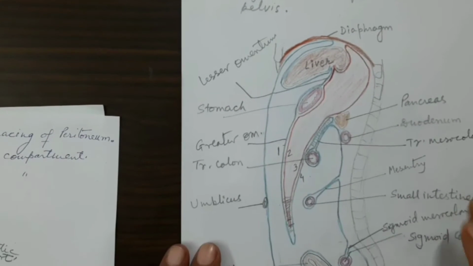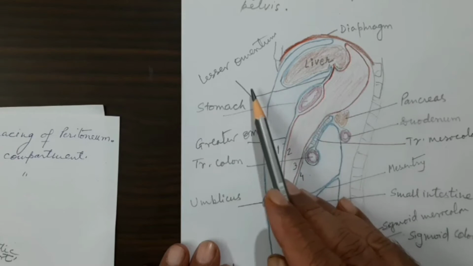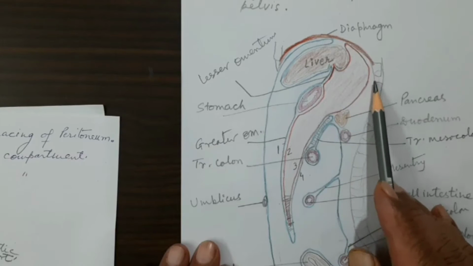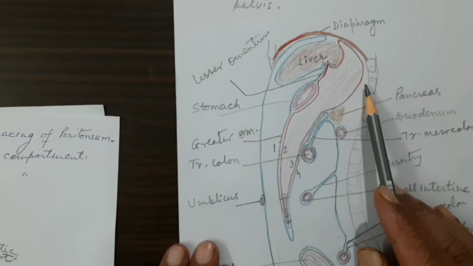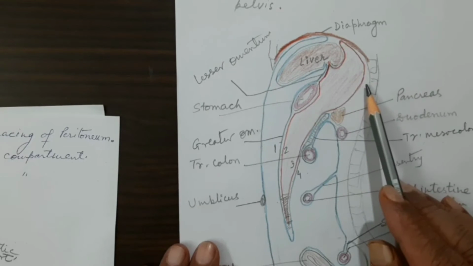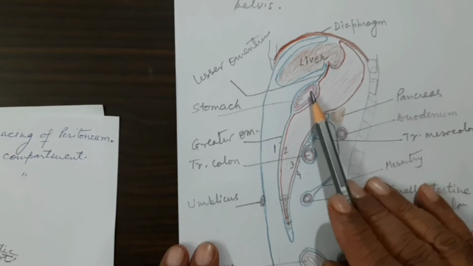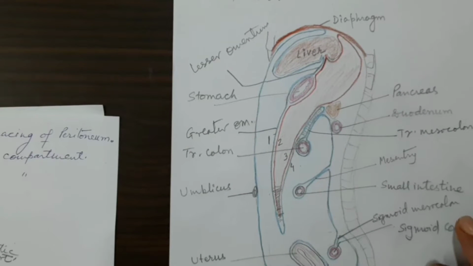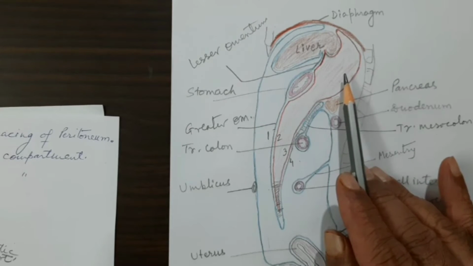So the first tracing will be in the supracolic compartment, and this tracing will be passing through the liver, the lesser omentum, and the posterior abdominal viscera. Here at this level is the kidney and the spleen, lying just onto the upper part of the posterior abdominal wall. So the liver, lesser omentum, stomach, kidney and the spleen, this section will be passing. That is the supracolic compartment, right?